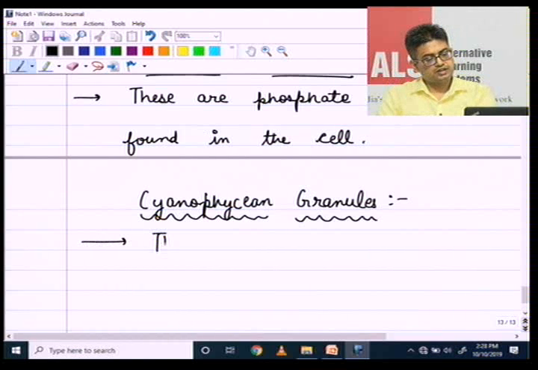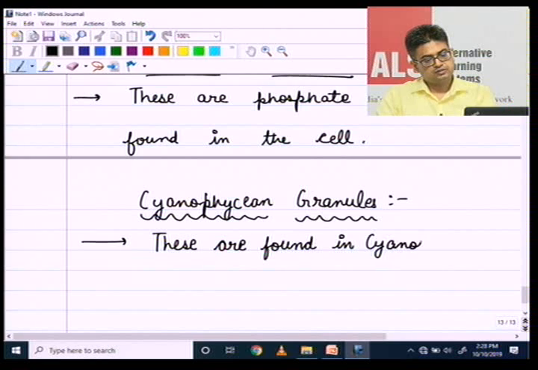These are found in Synophyceae, or blue-green algae.